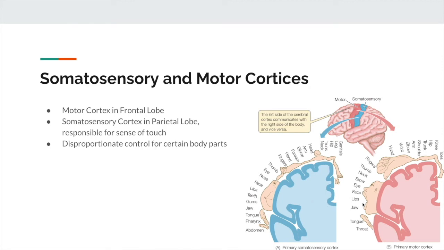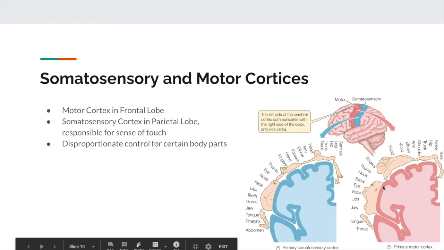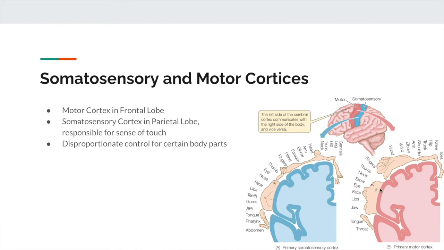Basically, what this represents is the amount of space allocated towards controlling or sensing signals from this part of the body. Here it's controlling because it's the motor cortex, and here it is receiving signals because it is the somatosensory cortex, which is responsible for processing signals for the sense of touch from all of these different body parts.